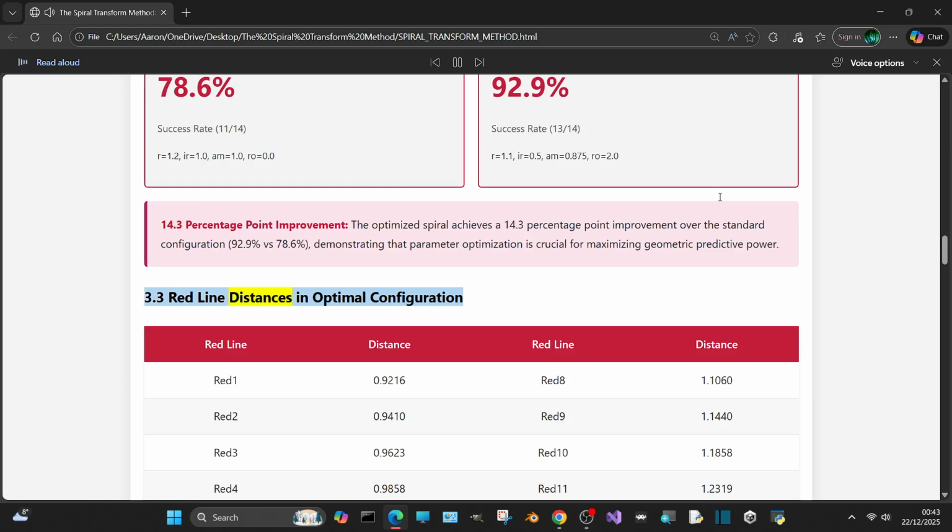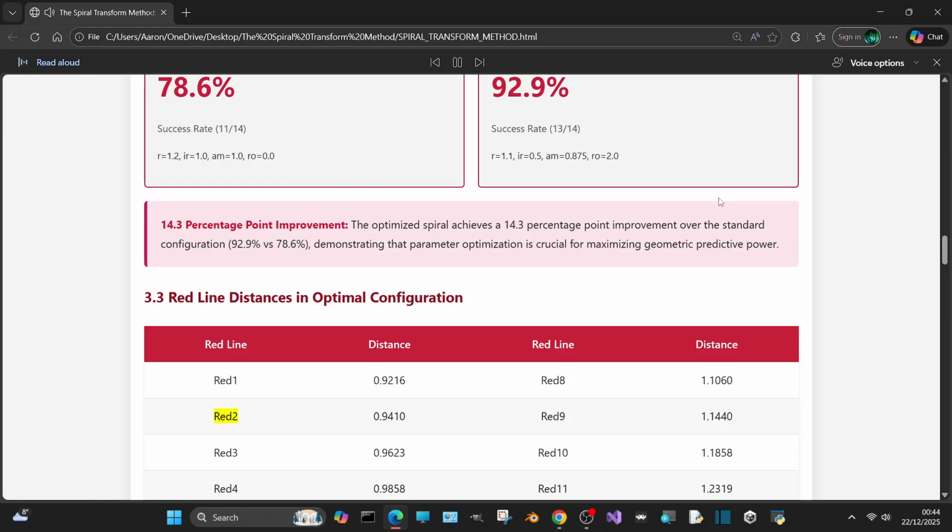3.3 Red line distances in optimal configuration. Red 1: 0.9216. Red 2: 0.9410. Red 3: 0.9623. Red 4: 0.9858. Red 5: 1.0117. Red 6: 1.0401. Red 7: 1.0715. Red 8: 1.1060.